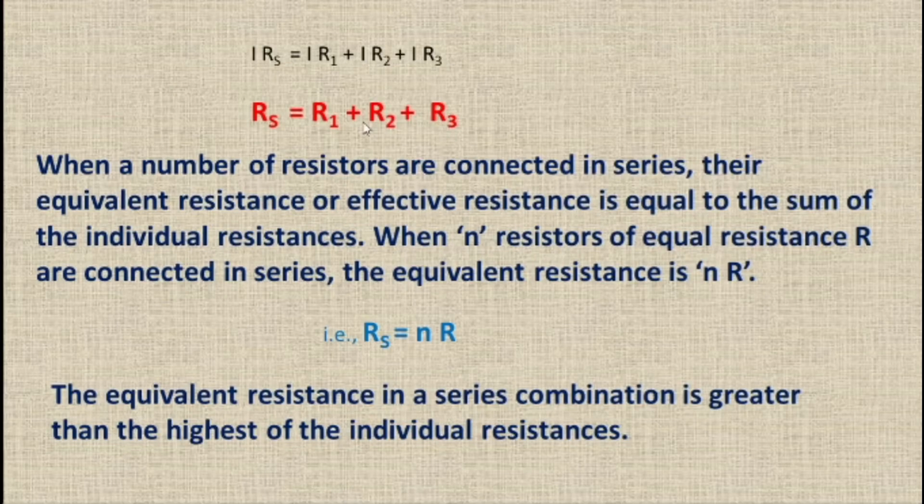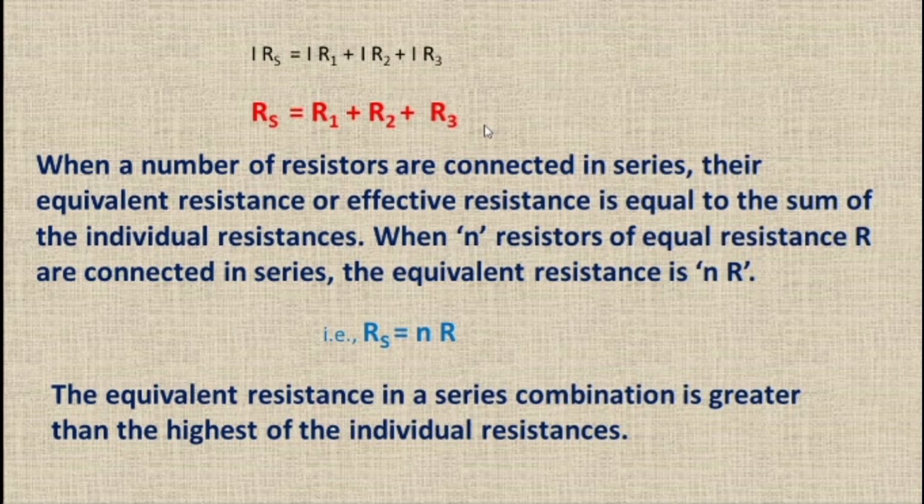So IRS is equal to IR1 plus IR2 plus IR3. Here the total potential difference V equals IRS. Substituting V1, V2, V3, we get IR1 plus IR2 plus IR3. Taking I common and cancelling on both sides, we get RS is equal to R1 plus R2 plus R3.